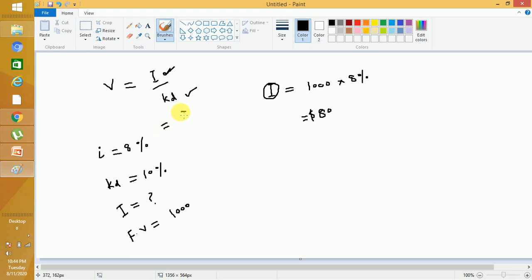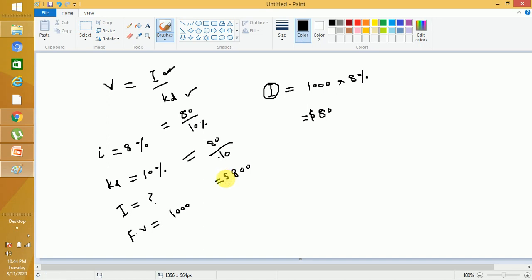Interest is 80, discount rate is 10%. So 80 divided by 0.10, 10% is equal to 0.10. So we will get $800.